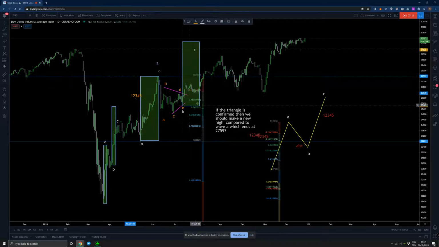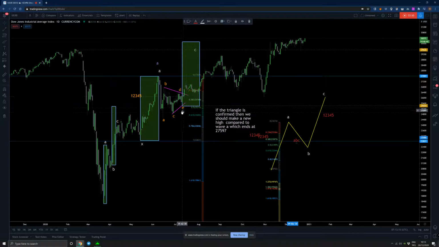And the B wave, even though it is A, B, C, D, E, which is a triangle, triangles, even though there are 5 waves, A, B, C, D, E, are considered corrective waves. Thus, every single corrective wave is just said as ABC in short. So whenever I write ABC, I can mean a flat, a zigzag, a triangle, or a complex correction, but they are corrective waves.